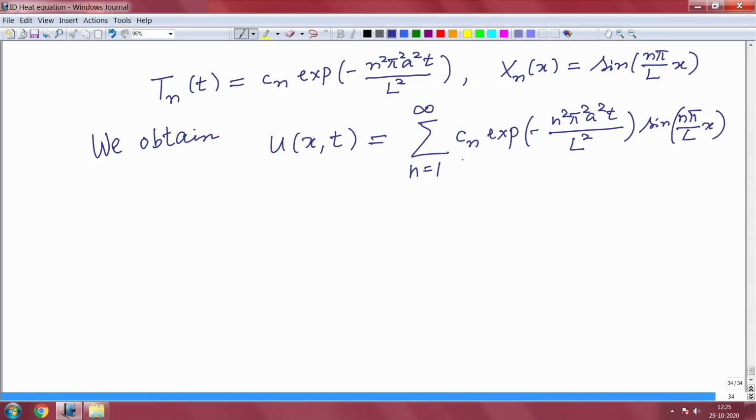So, we need to determine these constants, and the constants will be determined by using the prescribed initial condition.